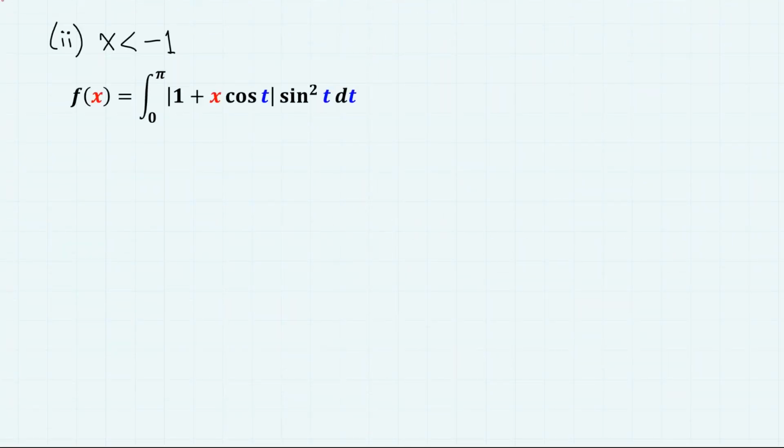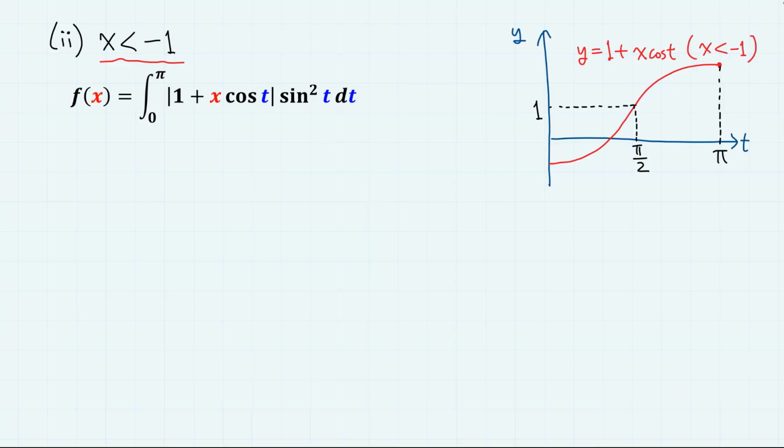And the other case, x is less than -1, essentially follows the same steps. If we draw the graph of 1 plus x cosine t when x is less than -1, we now have this graph. We do the same thing, finding the point where the value of the function becomes 0. The expression is the same as the previous case. We obtain t equals inverse cosine of -1 over x, which will be called alpha here as well.